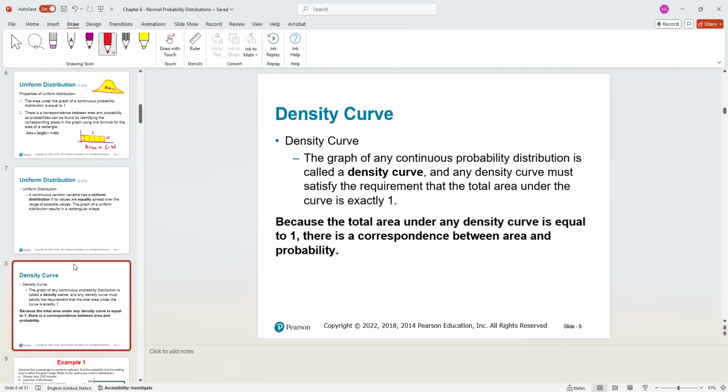This requirement that the area must equal 1 simplifies probability problems, right? Because the total area under any density curve is equal to 1, there is a correspondence between area and probability.